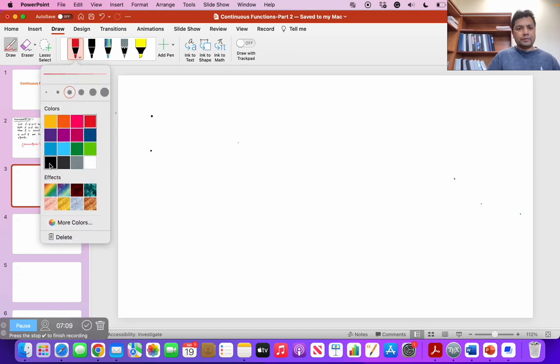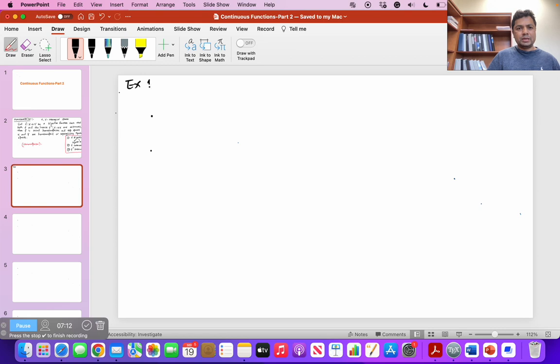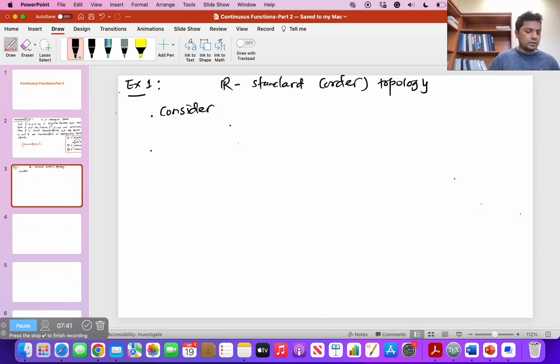First, example number one. Let's consider R, which is the set of real numbers with the standard or order topology, and consider a function f from R to itself.